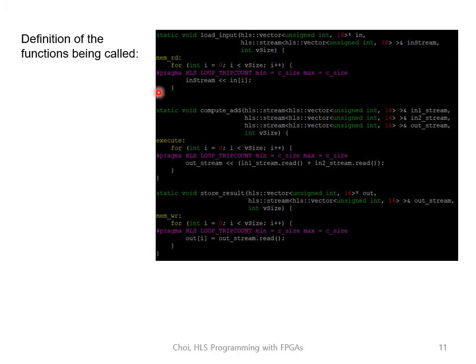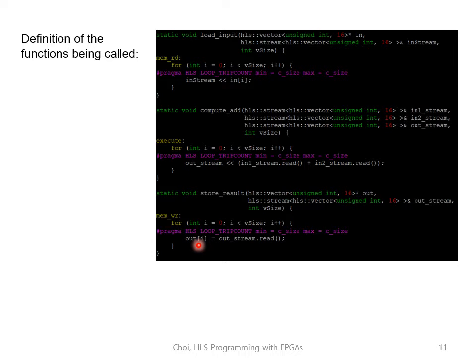And this load input function is being called twice to copy another top function argument. And this function is doing some kind of computation on these streams and writing to an output stream. And the last function is copying data from a stream to a top function argument.